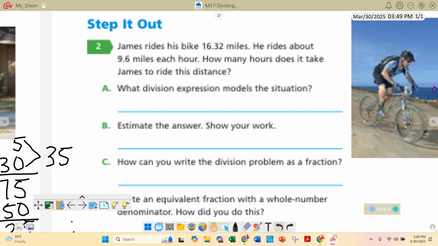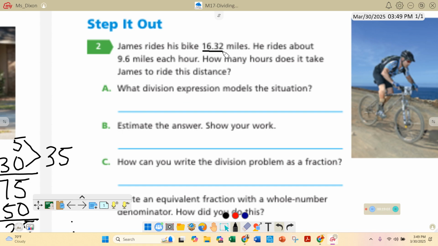All right, so again, we're talking about a division expression. That means we need a dividend and a divisor. The dividend is going to be the total, how much we end up with when we're done. The divisor is going to be how that total is separated, shared, or split. So what is our total for this problem?